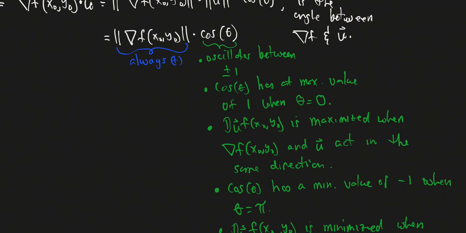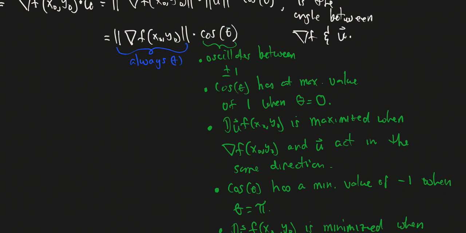So then the maximum rate of change will be 1 times this magnitude. And similarly, when del and u act in opposite directions, then this cosine of the angle is going to be -1, and then you'll have the minimum rate of change, right?